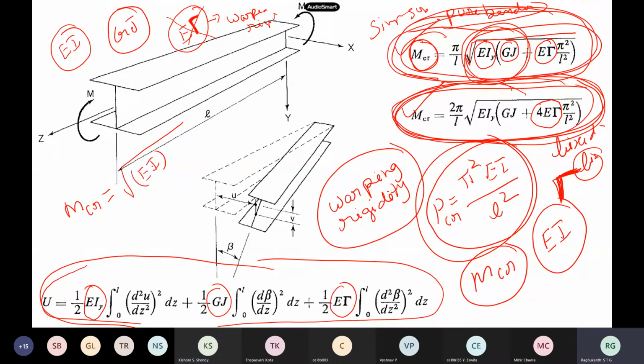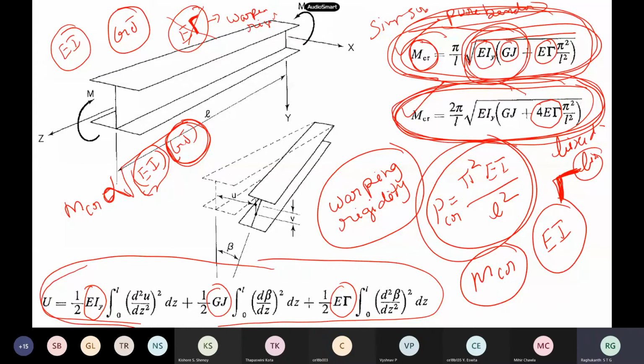So if you multiply EI and GJ, it is proportional to these two. Bending comes from lateral bending, torsion comes from the torsional buckling itself, and of course warping depends on the shape of the cross section. If you multiply, you will get the critical bending moment.